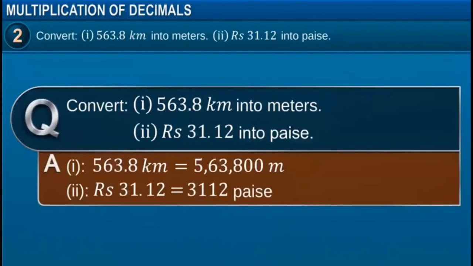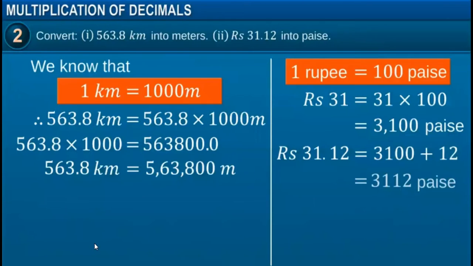Okay, so what we have done here, we have converted 31.12 rupees into paise. After the point, what is given is 12, which is already in paise, so there is no need to convert that. But 31 is rupees, so that is what we convert into paise first. 1 rupee is equal to 100 paise, which we know.